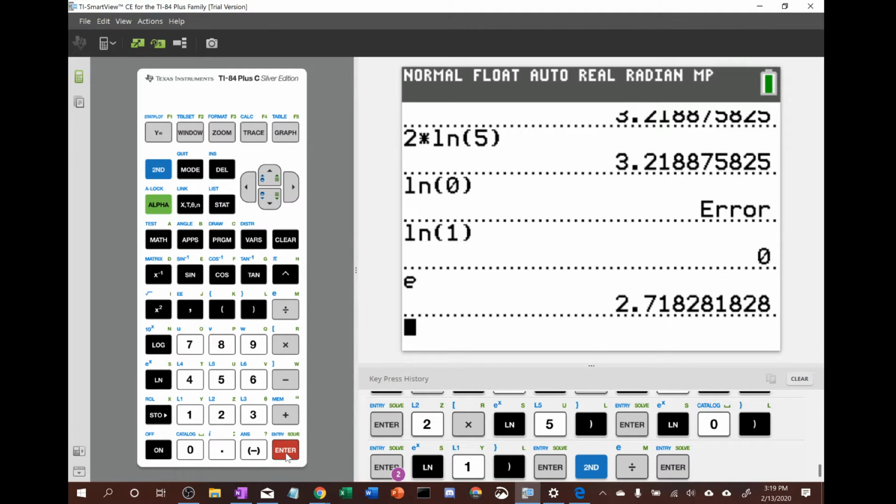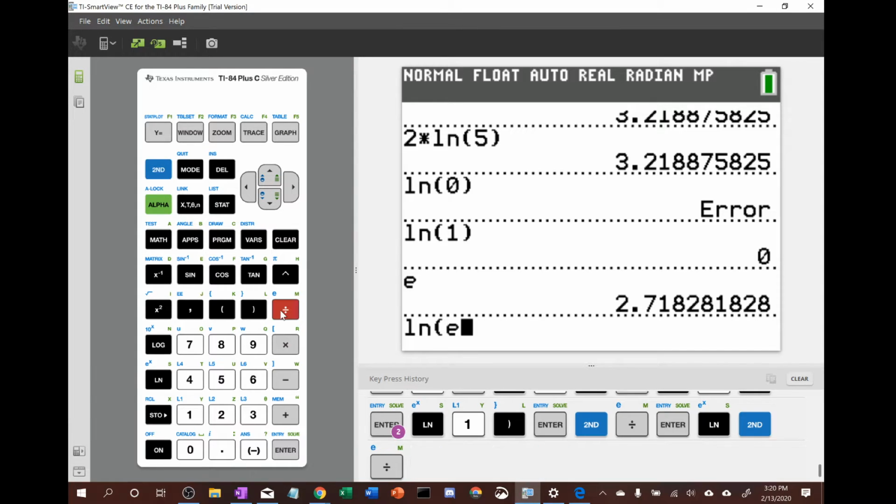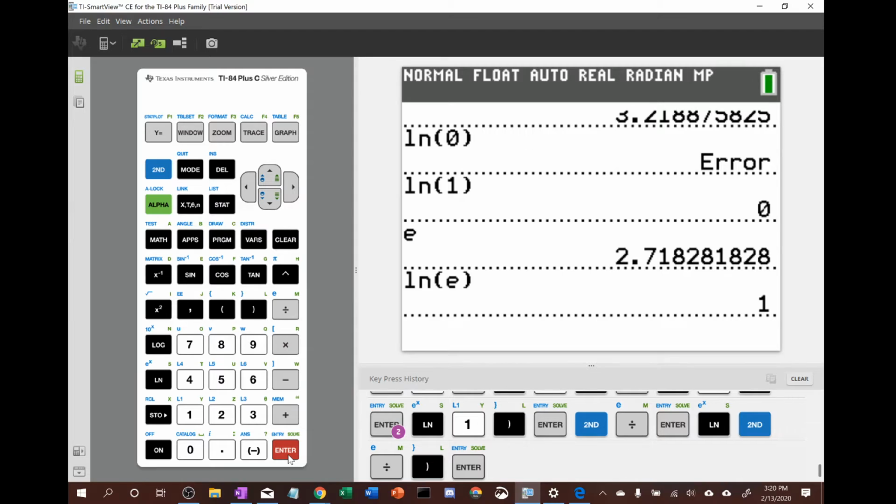Like you all know 3.14 is pi, now you need to learn that 2.71 is E, or 2.72 if you want to round up. Now, let's do ln of E. So natural log of E is equal to 1. That's very interesting.